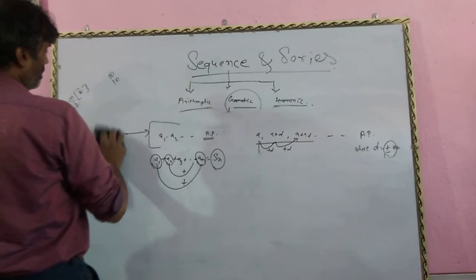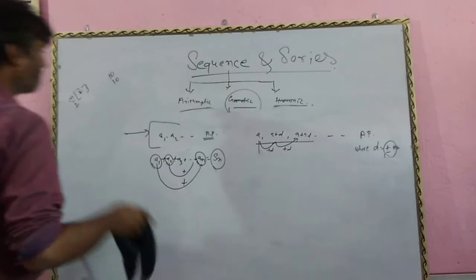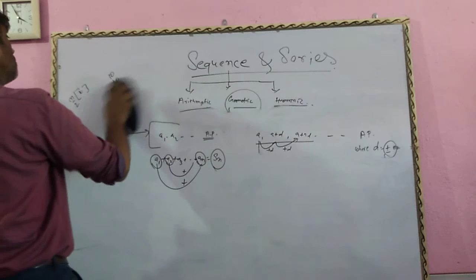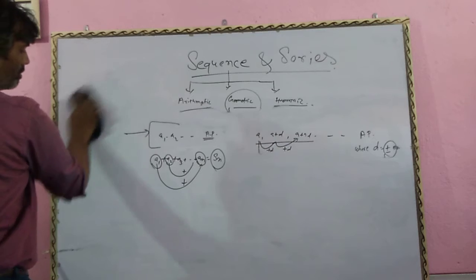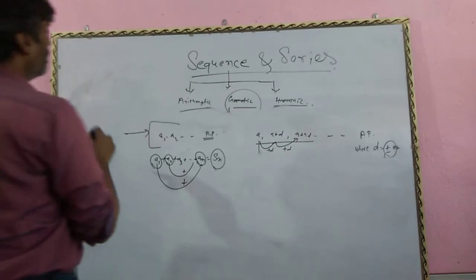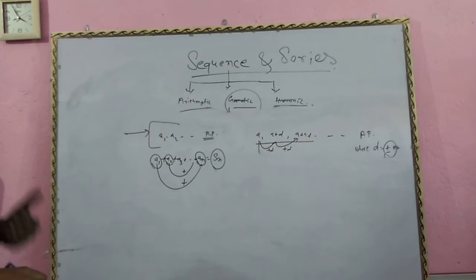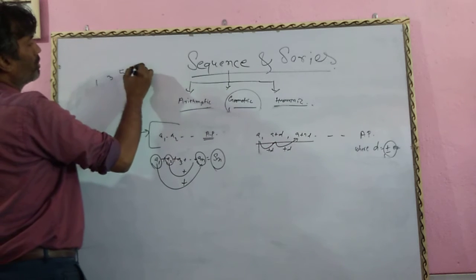Here, just by trying this out, you will find the sum of n terms. You can take any arithmetic progression, for example 1, 3, 5, 7, 9.